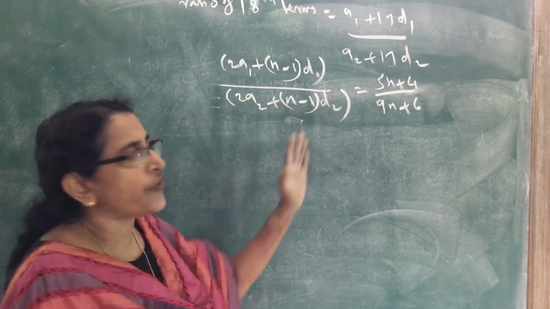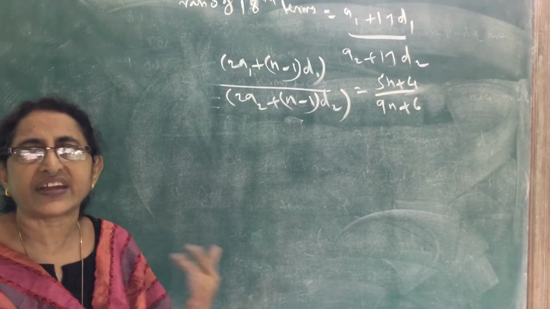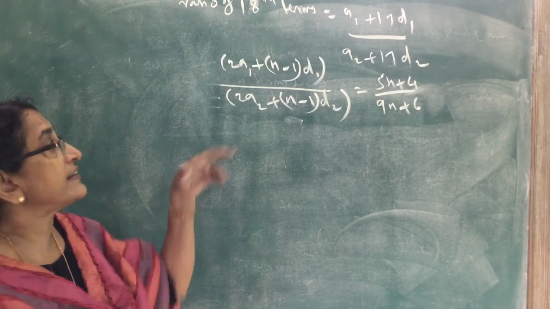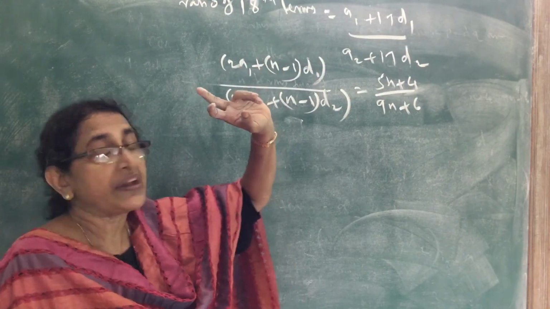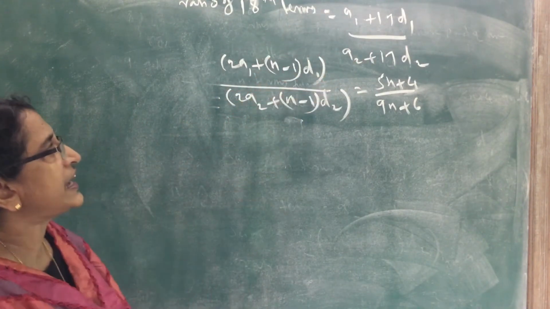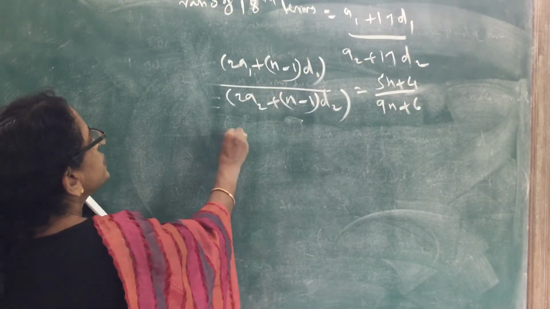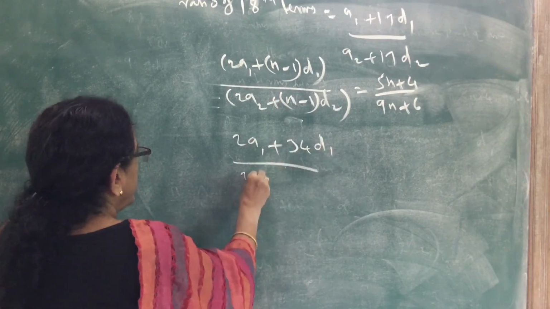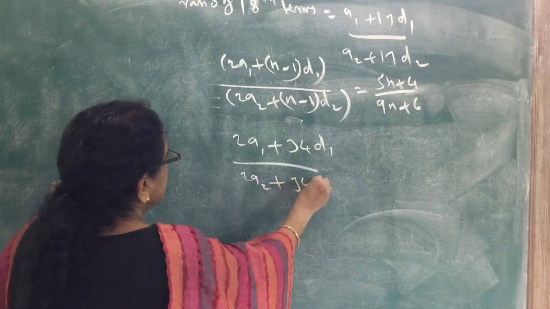So this is true for every n, and we can substitute any value. Which value of n gives this ratio? If we multiply the numerator and denominator of the required ratio by 2, we get 2a1 plus 34d1 divided by 2a2 plus 34d2.